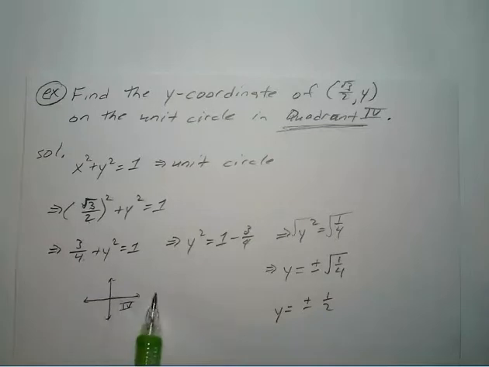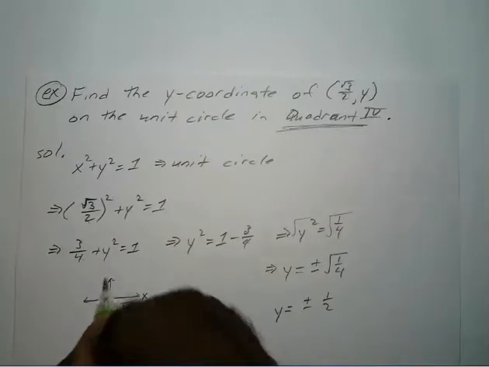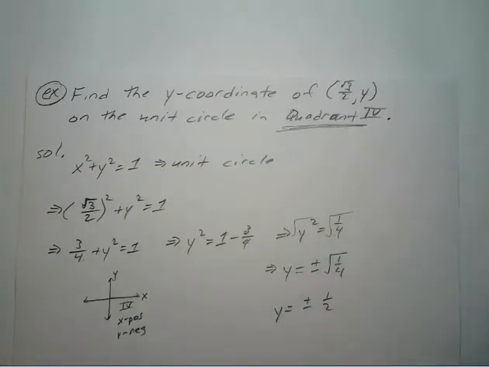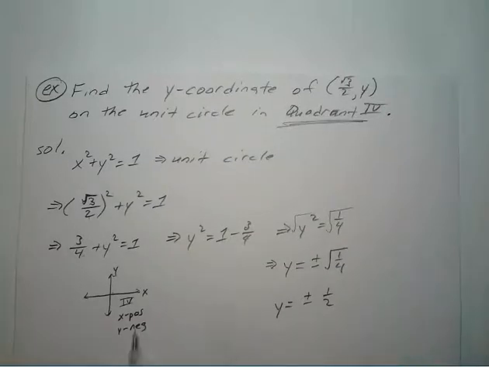We know that x is positive. That's your x and that's your y. So in quadrant 4, x is positive and y is negative. Since y is negative in quadrant 4, we pick the negative 1/2. So y equals negative 1/2.